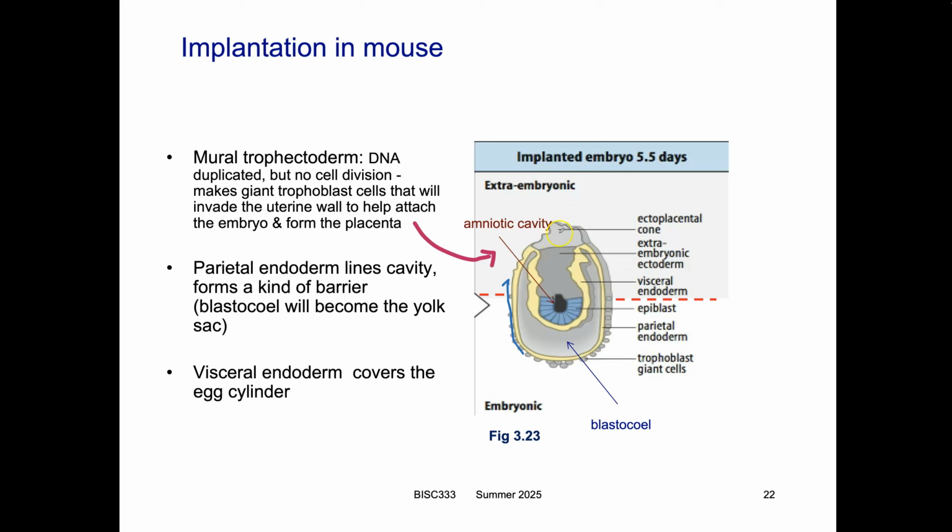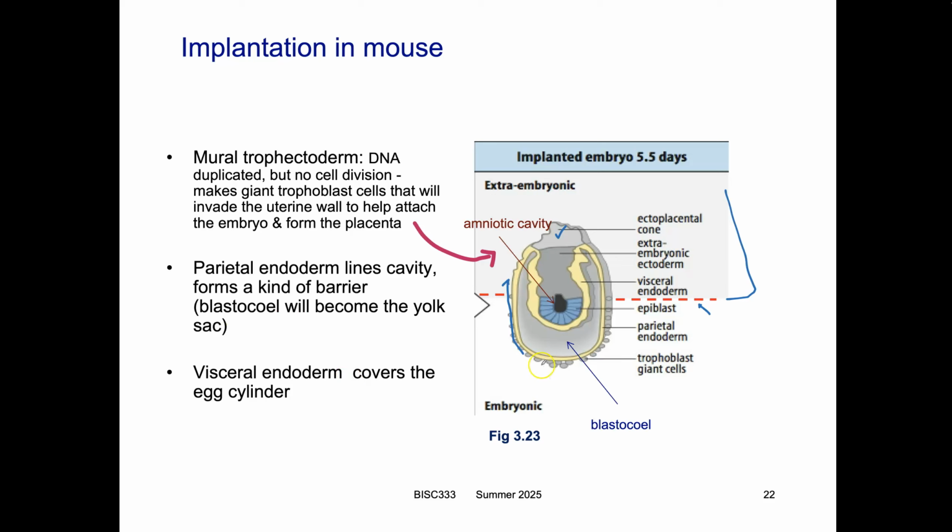And then the polar cells, they make this ectoplacental cone, which is just part of the burrowing into the uterine wall. And this red line is just to sort of show you that this is kind of the uterine wall, and this part here is the embryo proper.